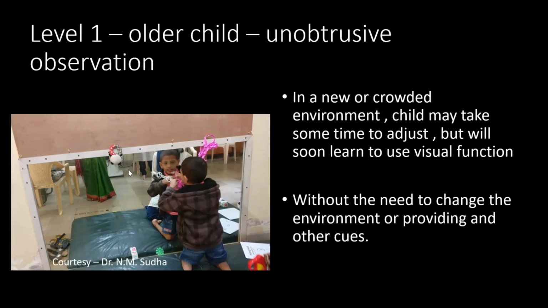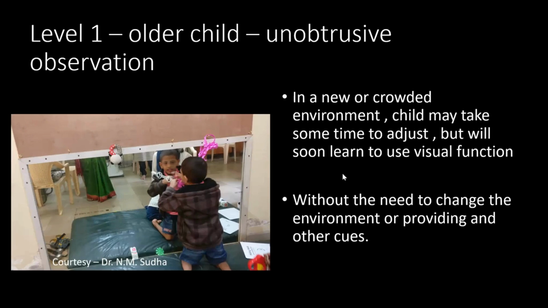One more example, this is an older child, so it is an unobtrusive observation, which means this is a new or crowded environment. The child is being sent to the therapist for checking whether the child has any problem, and so the environment is completely new. There are also other children around where he interacts with the other children.